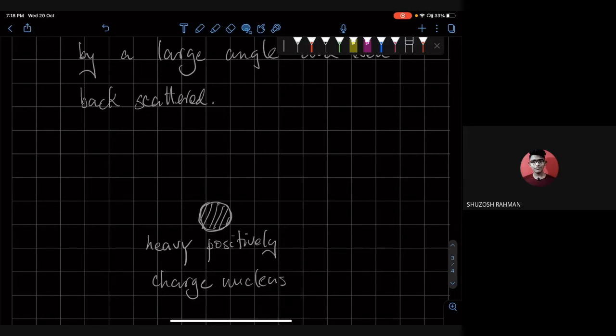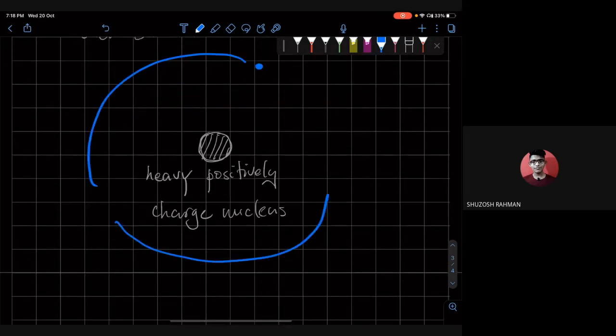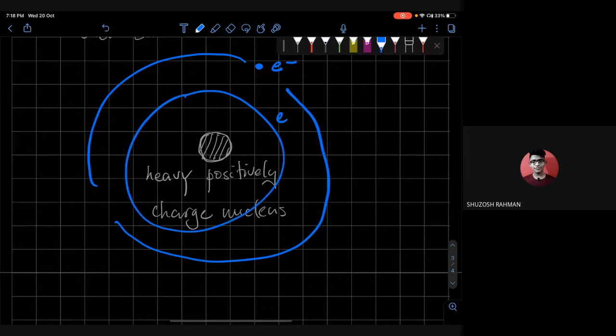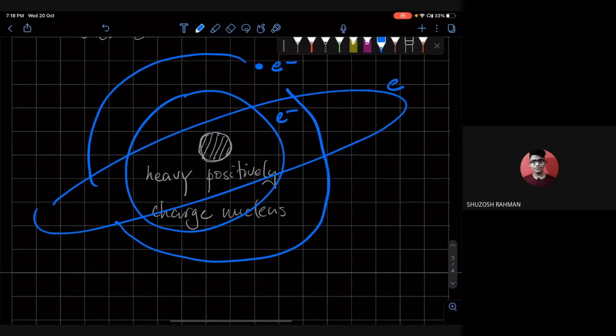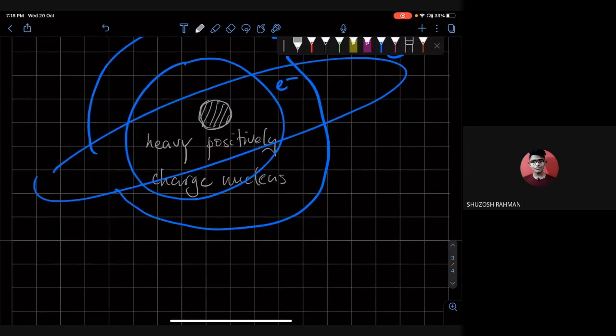And it's surrounded by these very light electrons, which are going around the atom in some sort of orbit. Okay, so these are the electrons. Depending on the gold will have lots of electrons, and doesn't have to be circular, can be elliptical. Okay, so this is the picture, this is the Rutherford model.